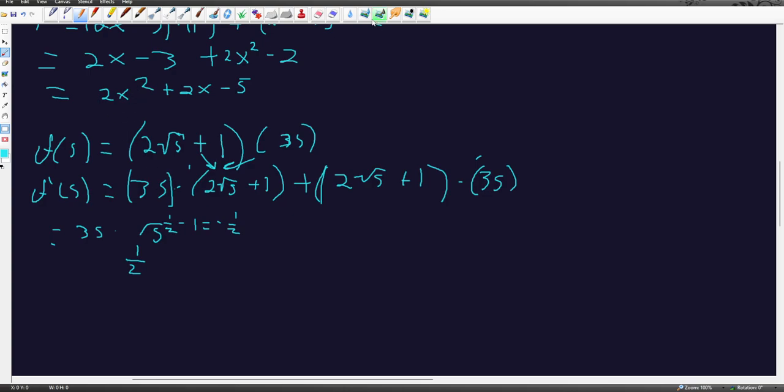So the function would look like this. After everything is done, the function will look like 2 times the square root of s, because it's a negative, negative, it becomes a reciprocal of it.